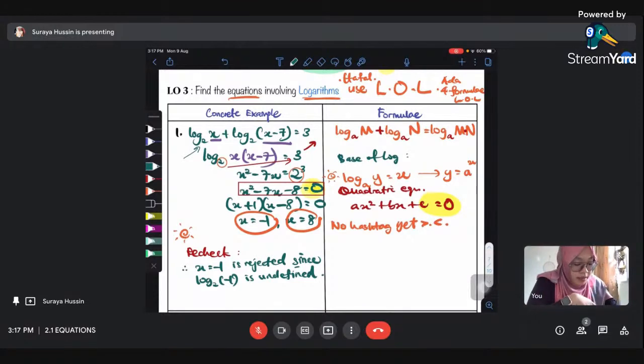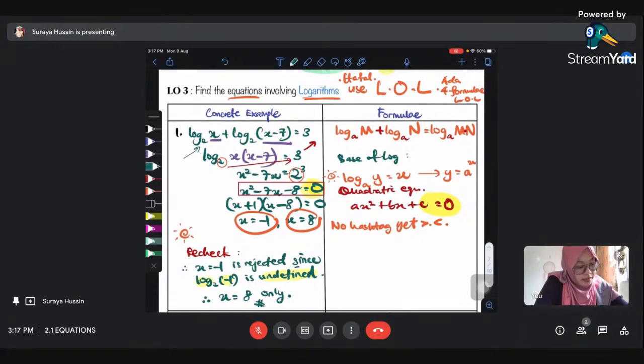Log negative 1, kita dah tahu, terus tahu dah. Log negative 1 is always undefined. Therefore, yang diterima hanyalah, therefore, the answer is x equals to 8 only. Sebab log 8 ada nilai.